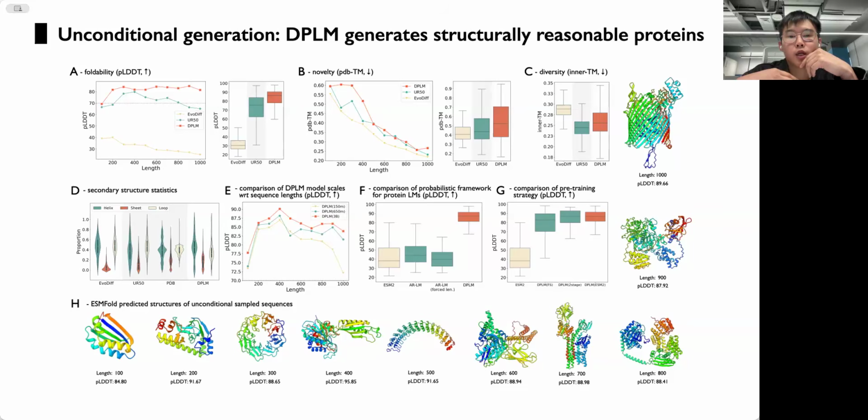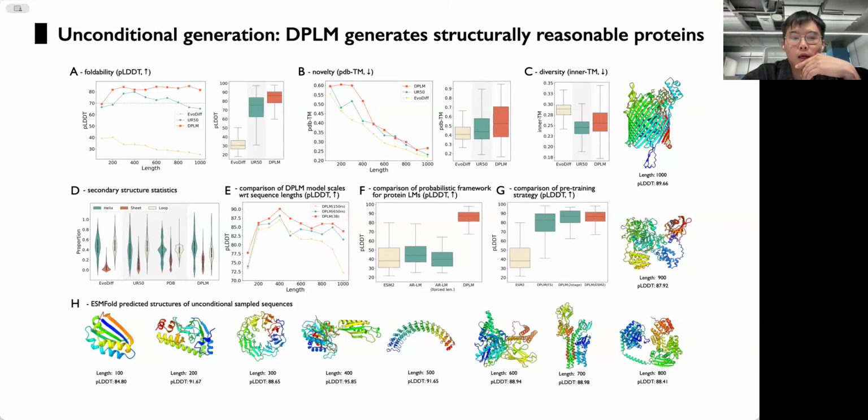It's not only because the nature of longer proteins is very hard to model. It's also because in training we didn't see this kind of data, and we don't know whether our model can perform this length generalization.